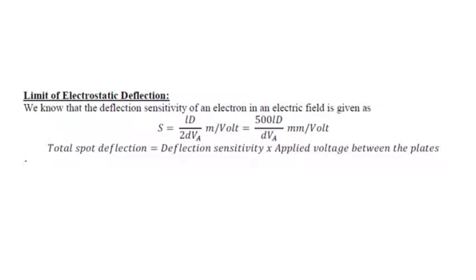And the total spot deflection is defined as deflection sensitivity times the applied voltage between the plates, where L is the length of the plates and d is the distance between them.